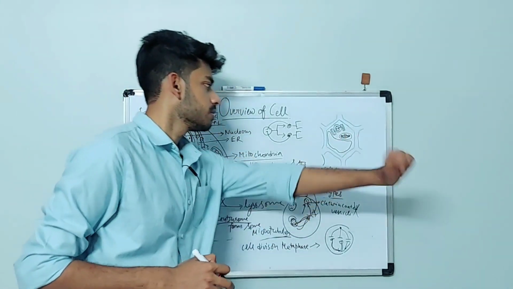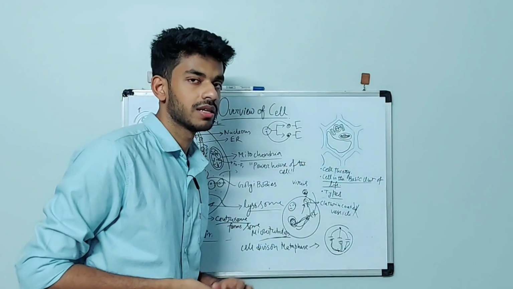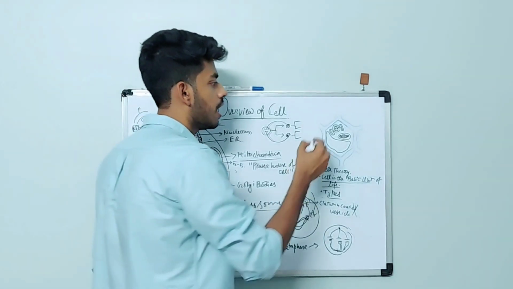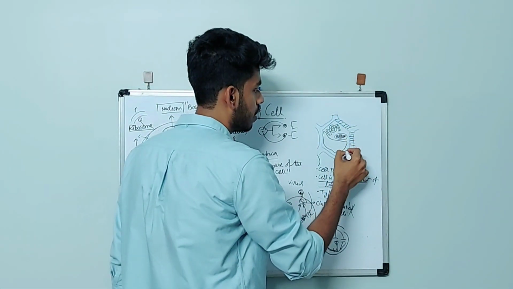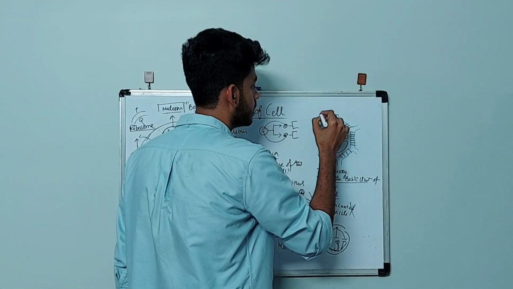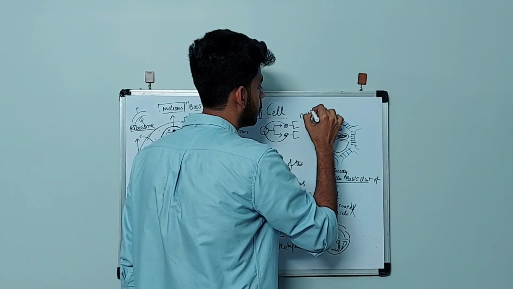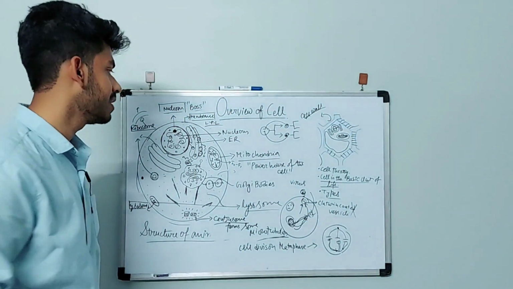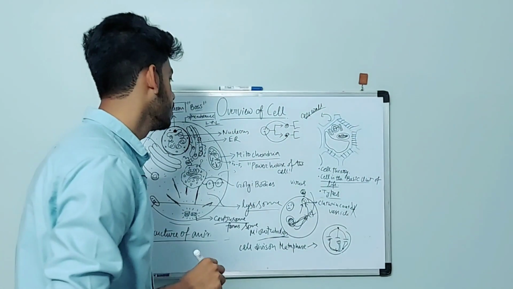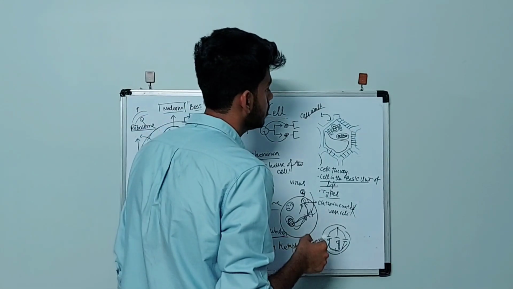In comparison to the animal cell, there are some modifications in the plant cell. There is an outer wall called the cell wall, which is present in the plant cell. There is no cell wall in the animal cell.